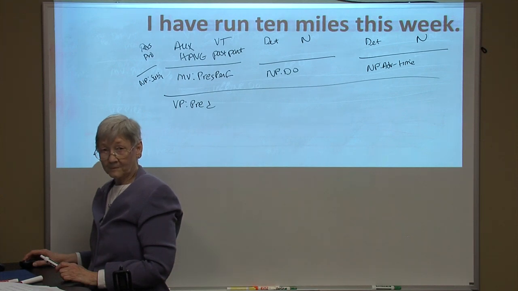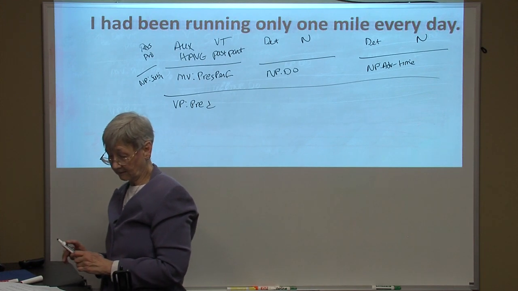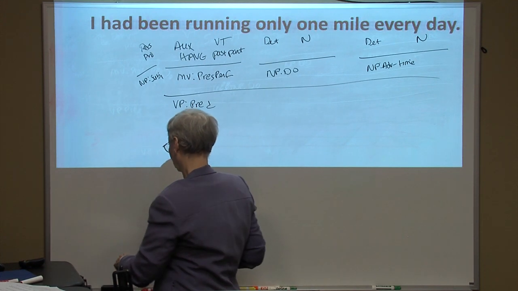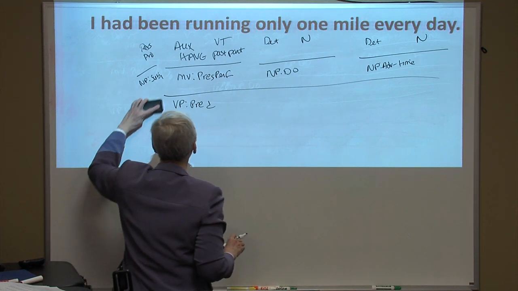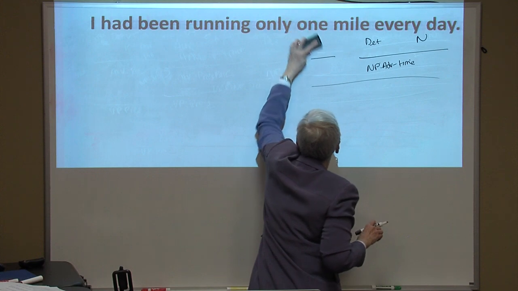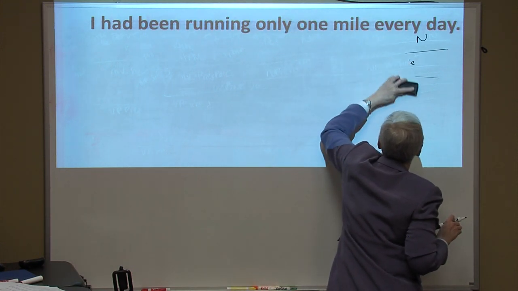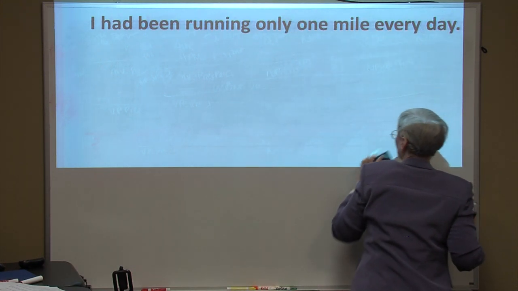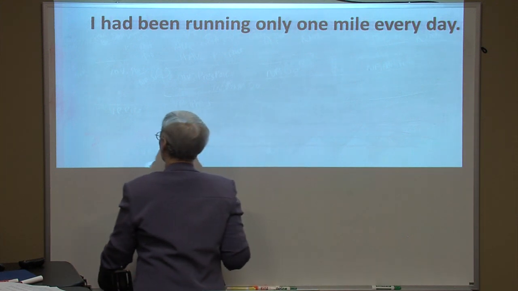And something really nifty here. A main verb may have both progressive and perfect aspect. Only one tense, only one mood, but a main verb can have two aspects. So here we go.